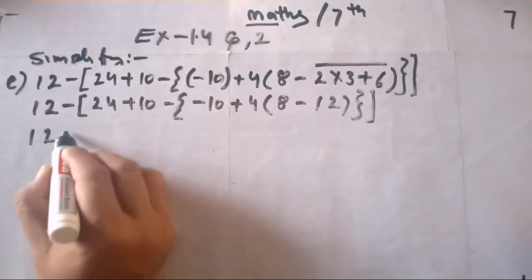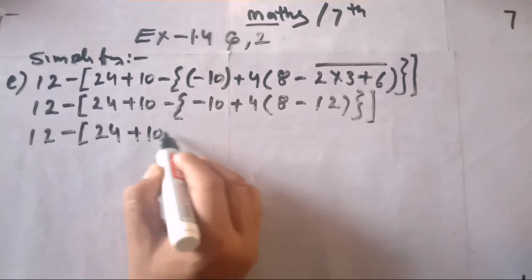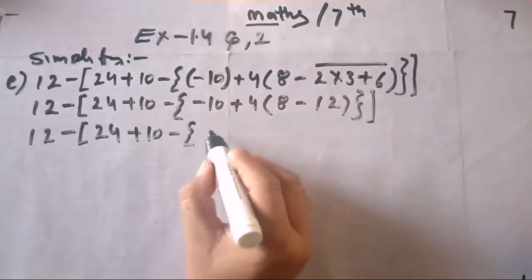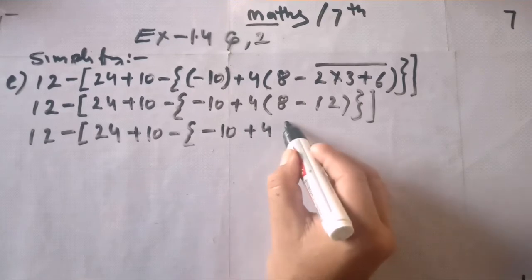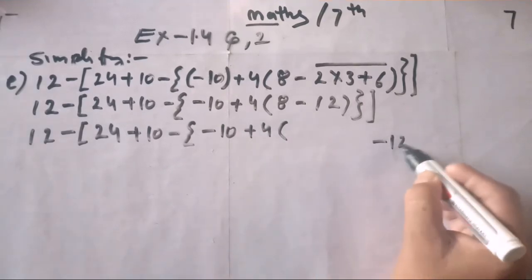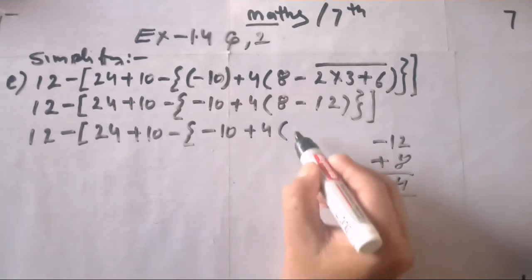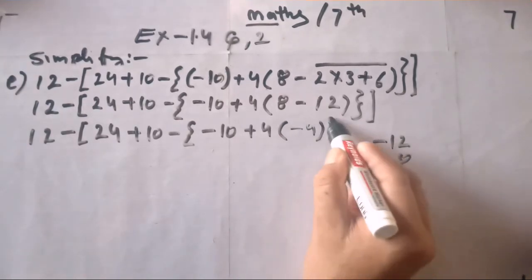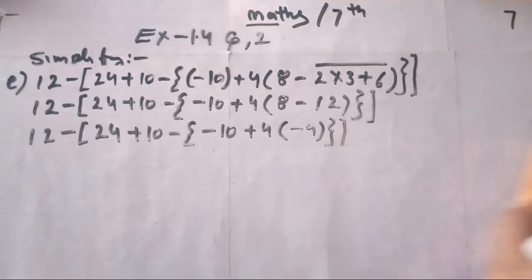Now 12 minus 24 plus 10 minus curly bracket begin minus 10 plus 4 again bracket start minus 12 plus 8 is equal to minus 4. So this is equal to minus 4, bracket close, curly bracket close, square bracket close, right?